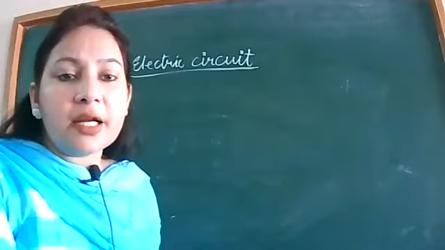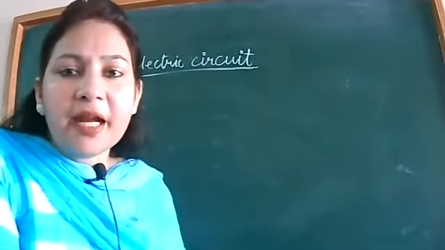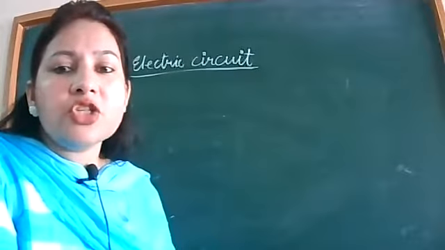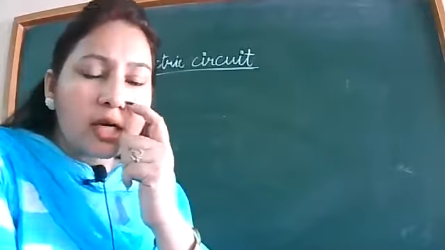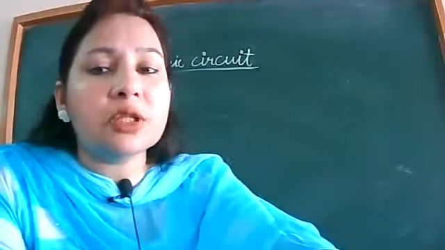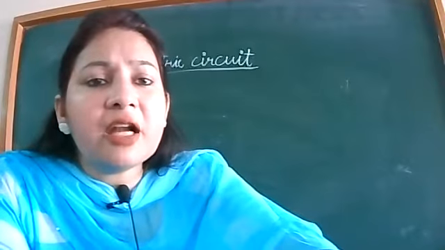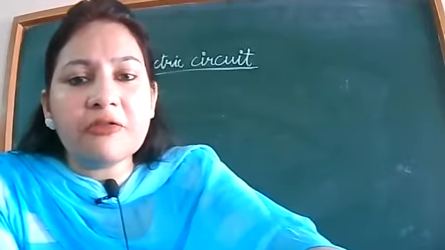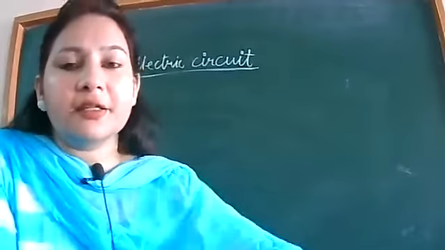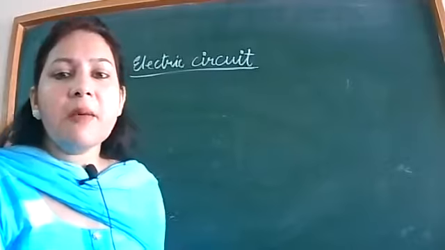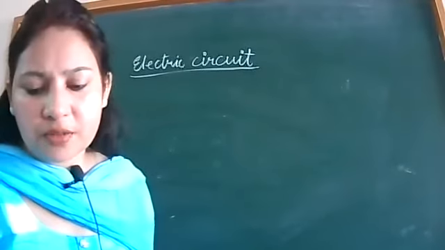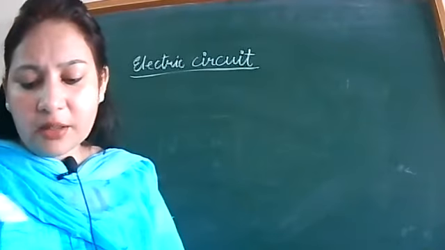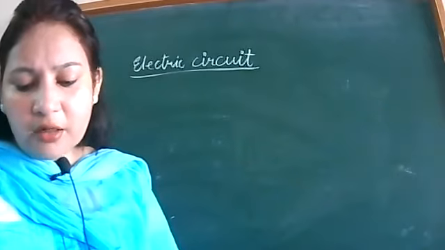It is the path along which current flows. The path along which current flows, we call that a circuit. And we connect different components in that circuit to make the circuit diagram. So write down the definition of electric circuit. It is the path along which current flows.